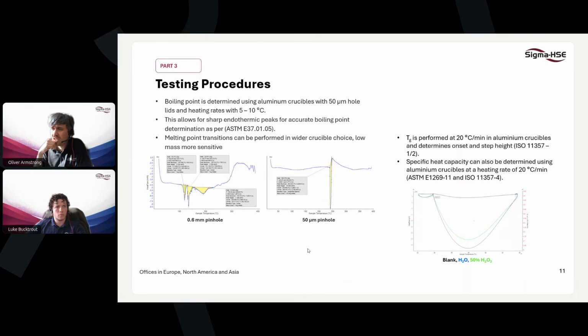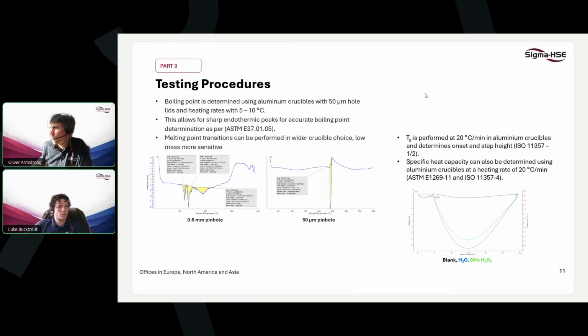And also following the ASTM standard, if we were following a thermal stability standard and we had peaks that were overlapping, we could potentially slow down the heating rate to bring these two peaks more discrete from each other. But specifically for the boiling point standard, we shouldn't go any lower than the 5 degrees per minute used here.